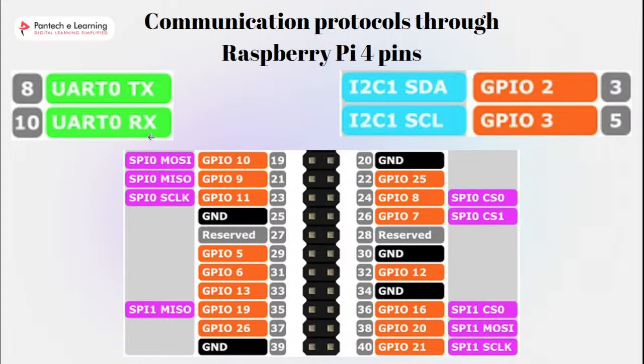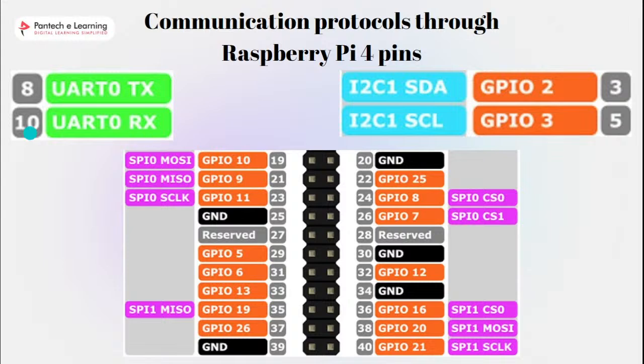For example, if there are 2 Raspberry Pi boards you want to communicate, you have to connect the TX pin of the first board to the RX pin of the other board, and the RX pin of the first Raspberry Pi board to the TX pin of the second Raspberry Pi board. TX is nothing but transmission, so you connect this pin oppositely to the other board.